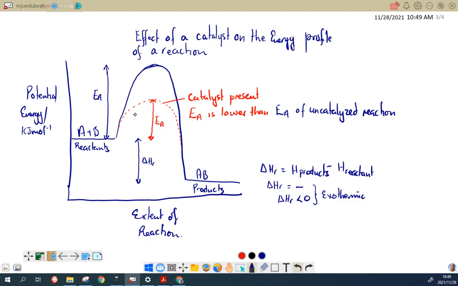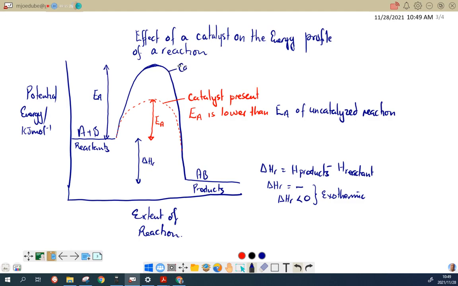No, it doesn't. It gives the reaction a pathway that uses a lower activation energy. So it's important that you take note of that. It's not just taking this same reaction pathway and lowering the activation energy. It actually gives it a different pathway that is of lower activation energy.